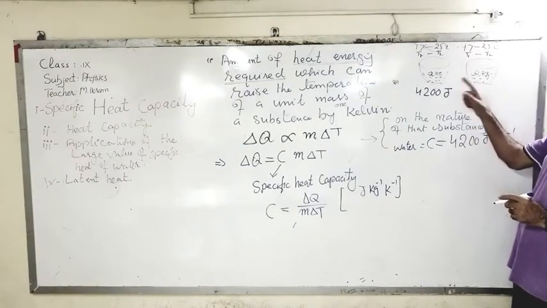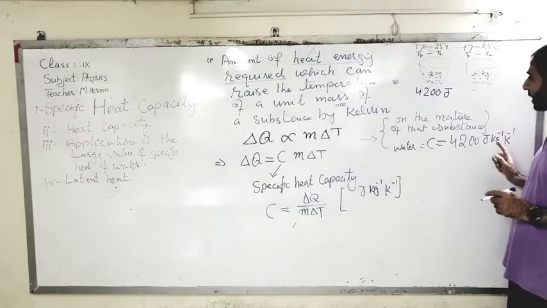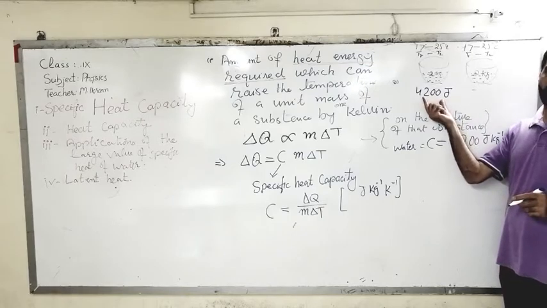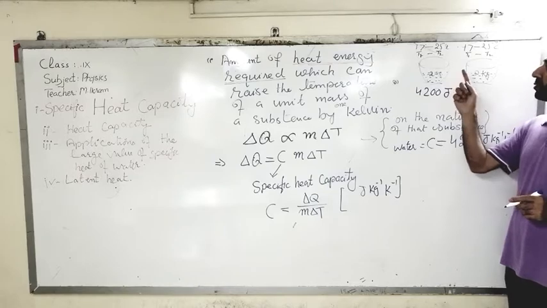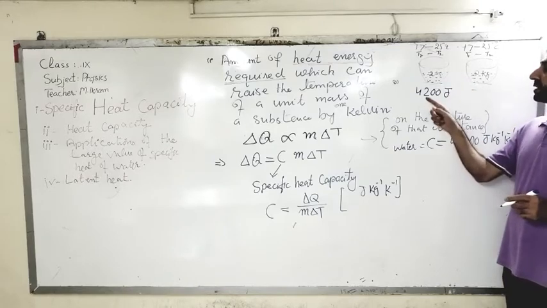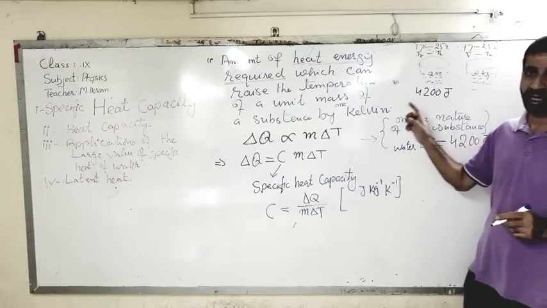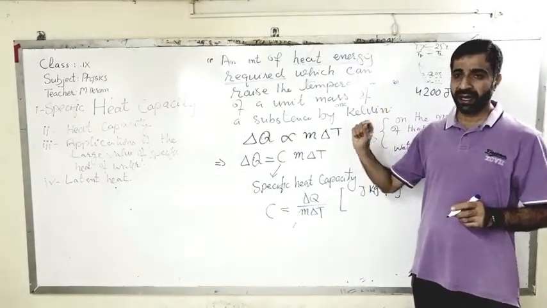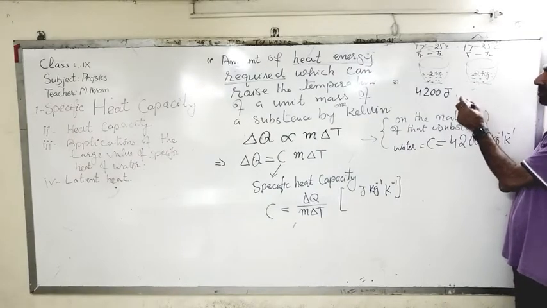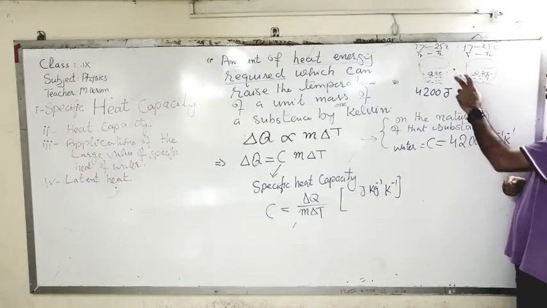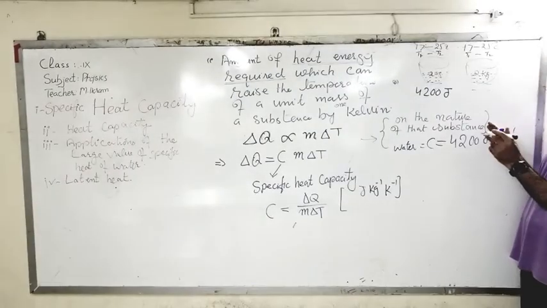If you have 1 kilogram of water and you want to raise the temperature by 1 Kelvin, how much energy do you require? 4200 joule. And if you have 2 kilogram of water, then it will be 8400 joule of energy you will need just to raise the temperature by 1 Kelvin. So this is a very huge energy.